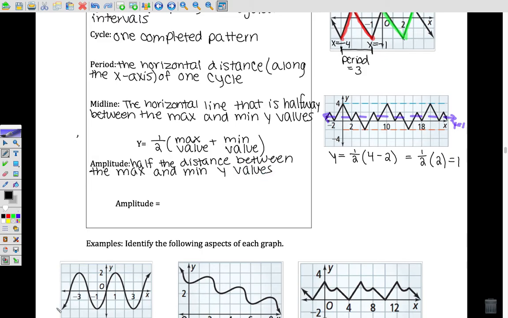Or another way to think about it is how far it is from the midline. How far the maximum point is from the midline, how far the minimum point is from the midline.